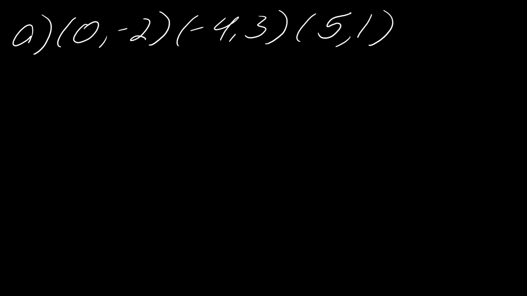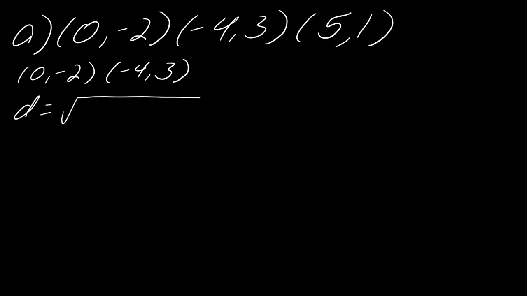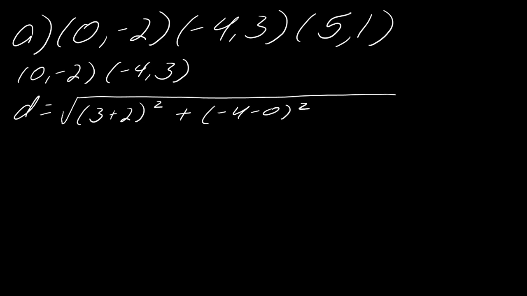So let's do that. Let's find the distance between (0, -2) and (-4, 3). So that distance is going to be the square root of (3 plus 2), because it's minus negative 2, squared, plus (negative 4 minus 0) squared.